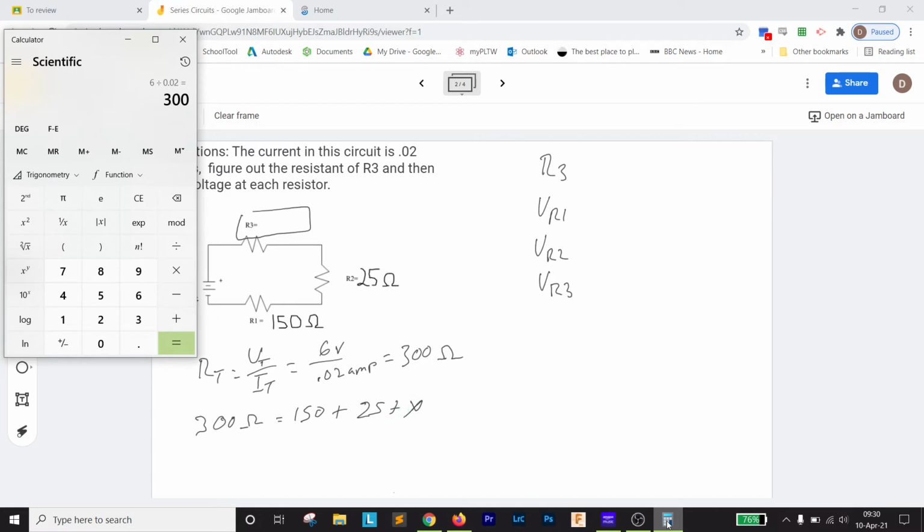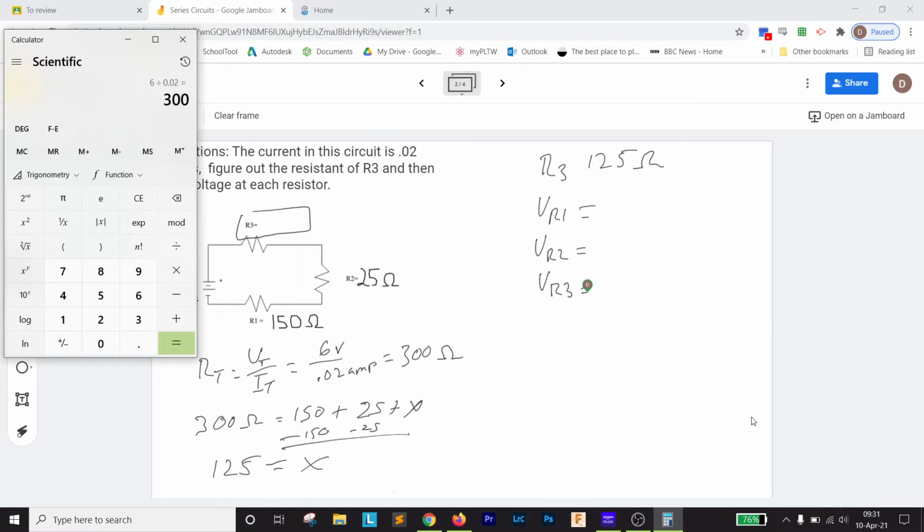So if I subtract 150 and 25 from both sides, I end up with X on this side, and then I end up with 125 on this side. So R3 is 125 ohms. Once I have this figure in, I can continue with the rest, because we actually could have done this one and this one with the information we already had.